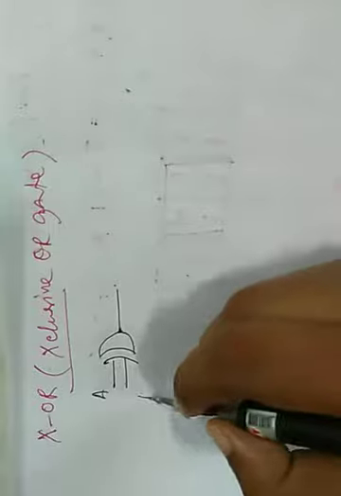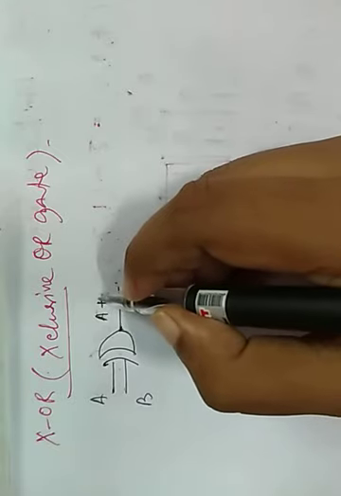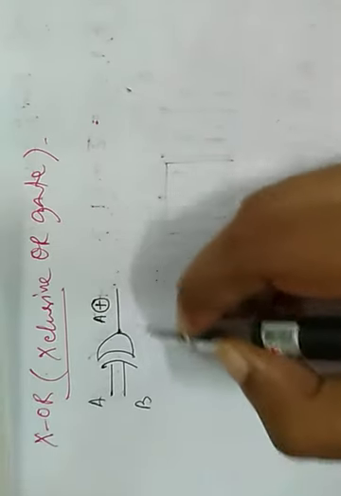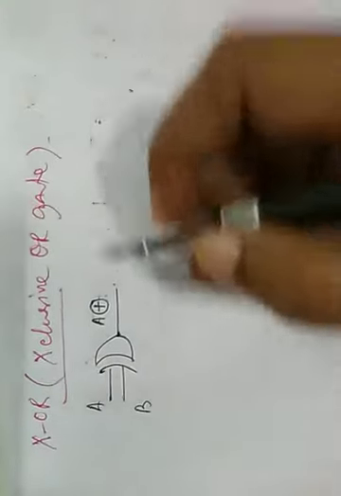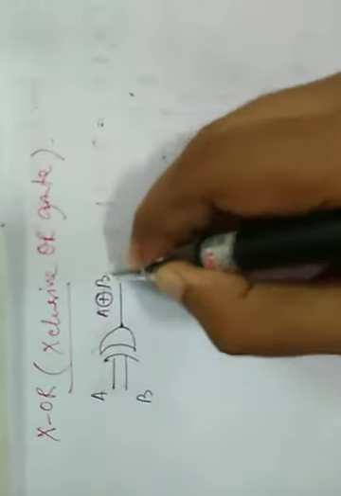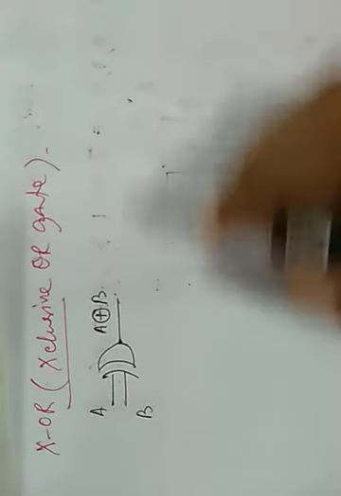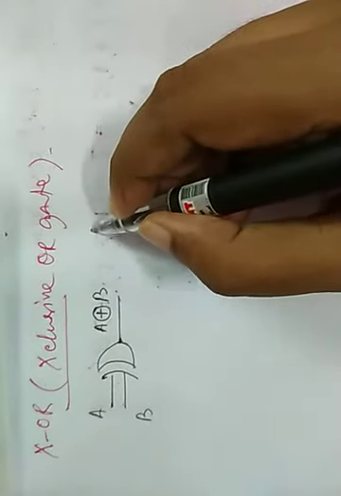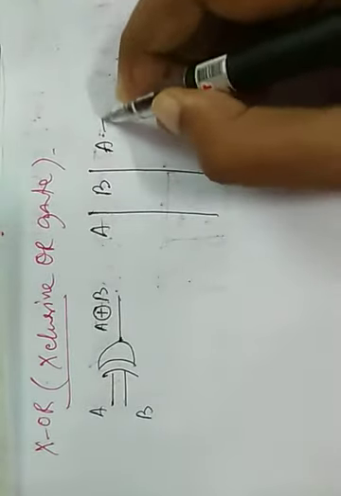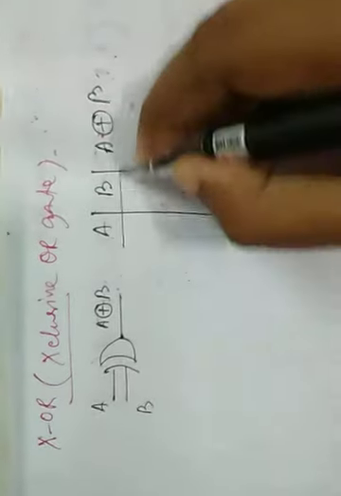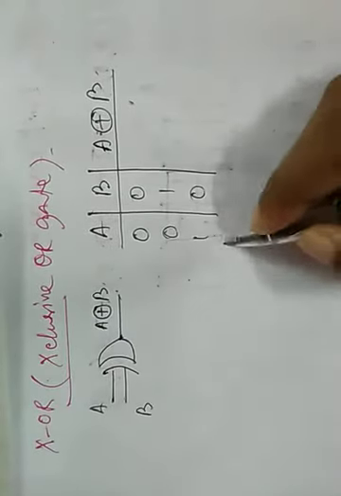And A, B, if two input lines, it is represented as A plus circle B, A exclusive OR B. This is the symbol of the exclusive OR gate. Now the truth table of the exclusive OR gate for two variables, suppose A, B, and A exclusive OR B, is 0 0, 0 1, 1 0, 1 1.